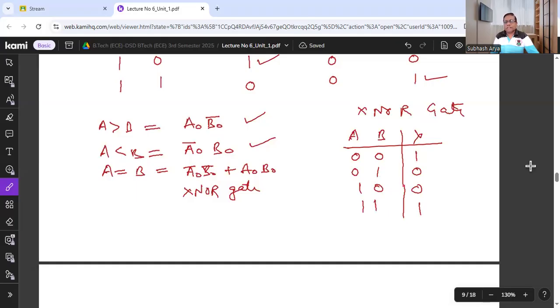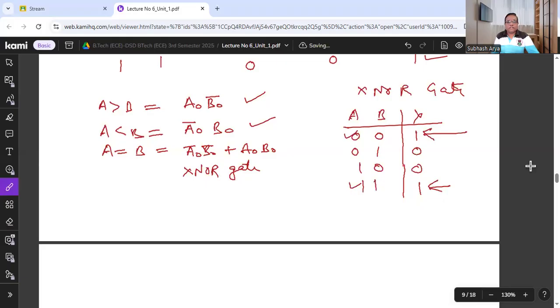So here you can see when inputs are 0 0 or 1 1, meaning both are equal, the exclusive NOR gate output is 1. That is why this equality condition can be easily implemented with the help of an exclusive NOR gate.